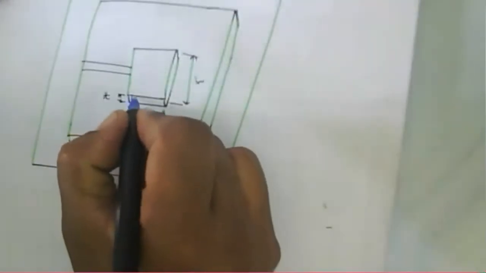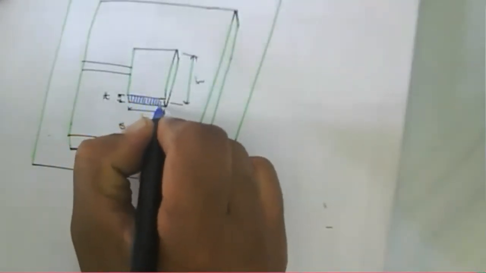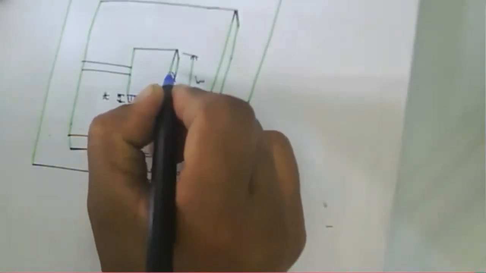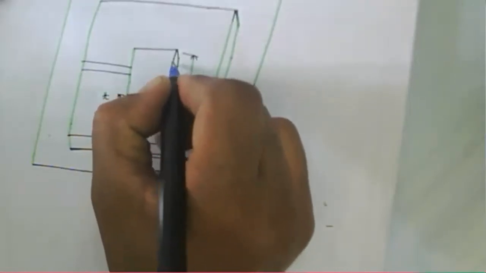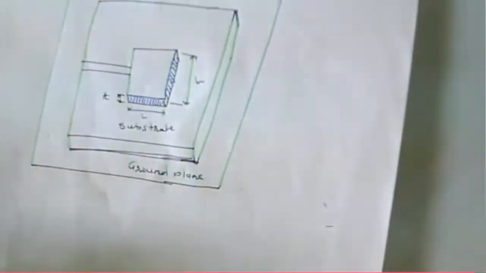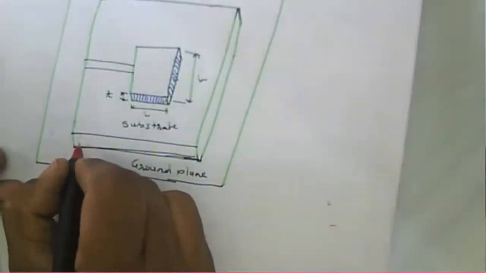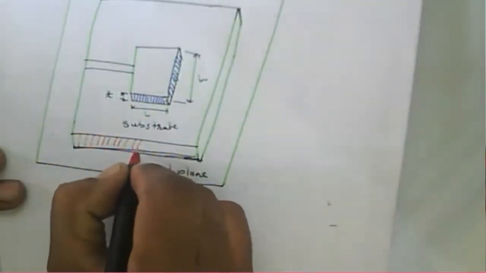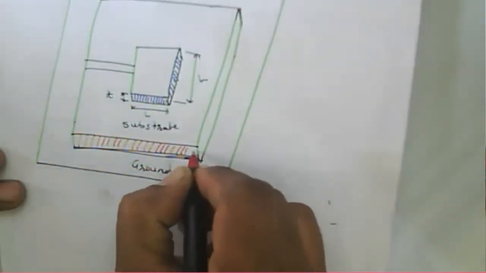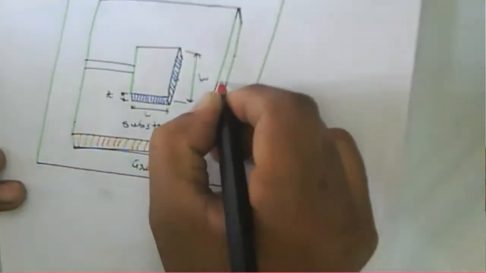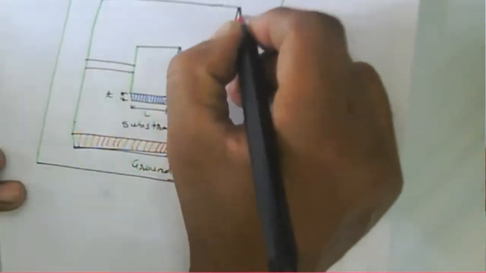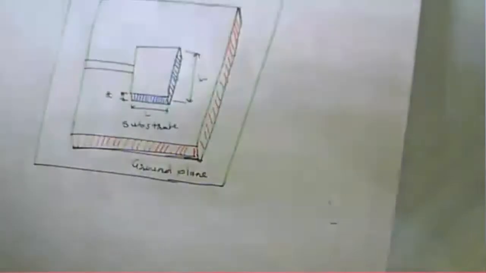Now, if you see this antenna, this is your conducting element, and this one is your substrate. This is the height of your substrate.